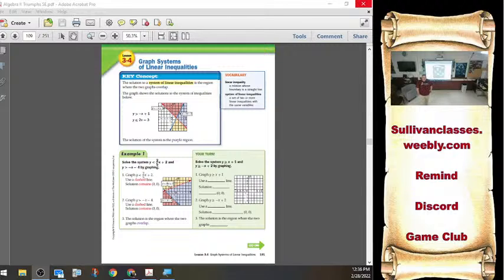In my Algebra 2 class last semester, I had them bust out their phones because I wanted to know how far Photomath can take it. Once you start getting up into Algebra 2 and beyond, Photomath starts kind of quitting on us. I have kids pull those out and say, all right, can it actually get this?